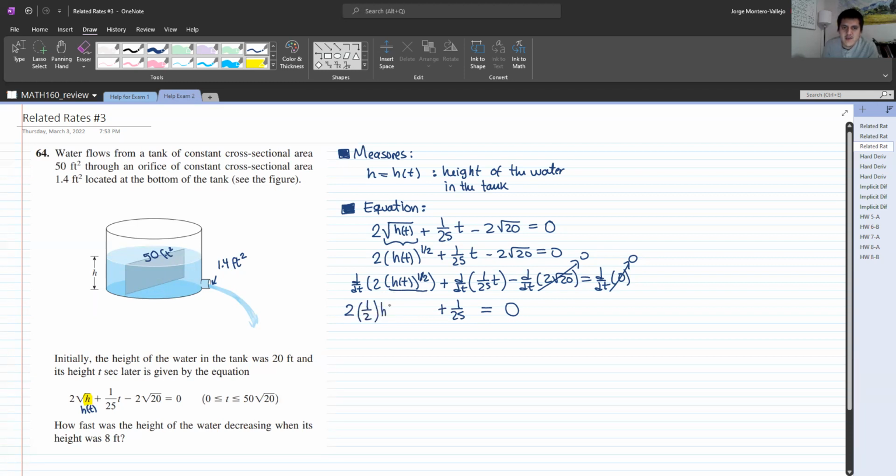And then h of t will now be raised to what power? 1/2 minus 1, that's 1/2 minus 2/2, and that is minus 1/2, right? So minus 1/2. And then we need to multiply by the derivative of the inside of the function, h of t. Derivative of h of t will just be dh/dt, like we have been doing before, right? dh/dt.